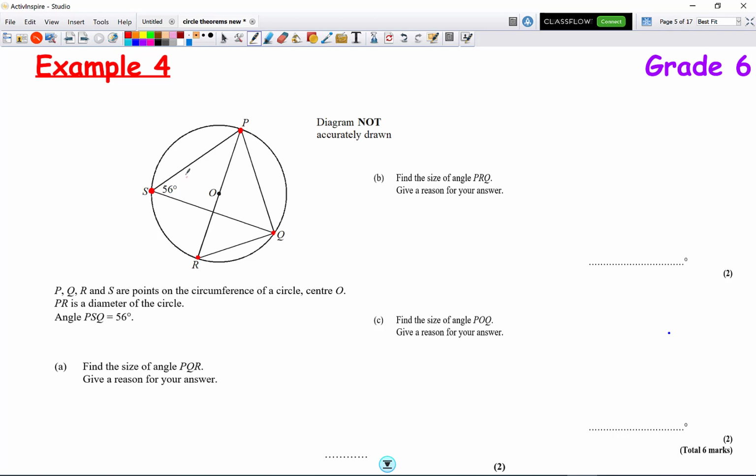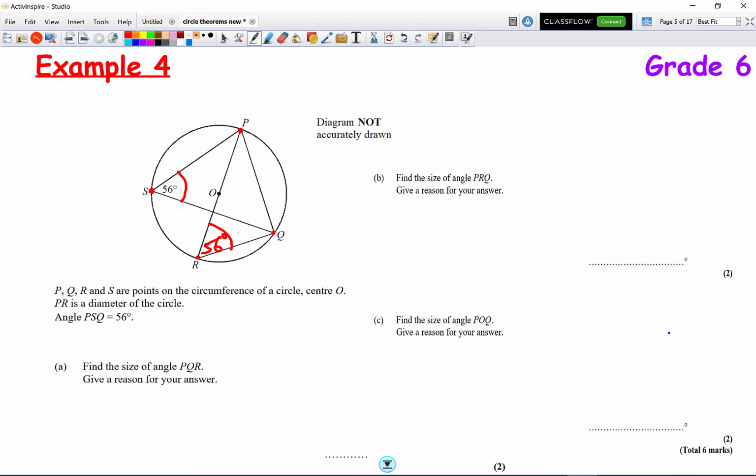We can say that this angle, 56 degrees, is exactly the same as this angle, 56 degrees. And that is known as the angles in the same segment are equal. So if you notice, question B says work out angle PRQ. We've just done that.